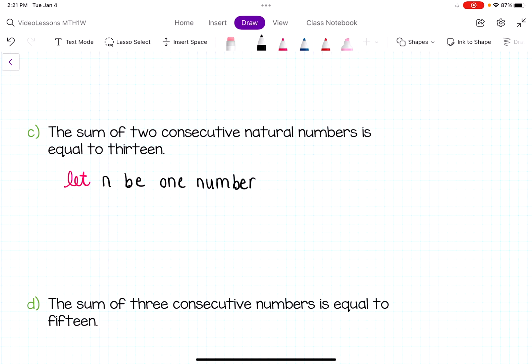So if n is one number, then in order to get the next one, consecutive numbers, and I'm putting this in brackets just so that I could see it as a separate entity. So n is one number, consecutive, meaning the number after it, would be n plus 1. And they said that this is equal to 13.